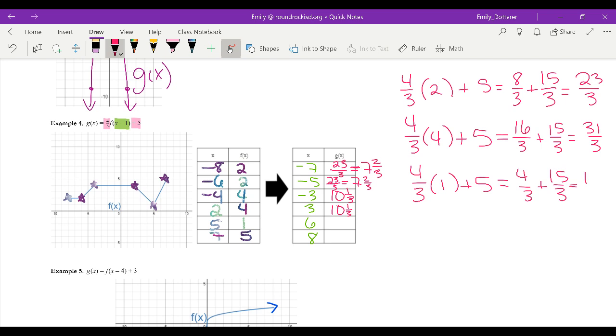Plus 15/3 is 19/3. 19 over 3 is 6 1/3. 4/3 times 5 is 20/3. Plus 15/3 gives us 35/3.